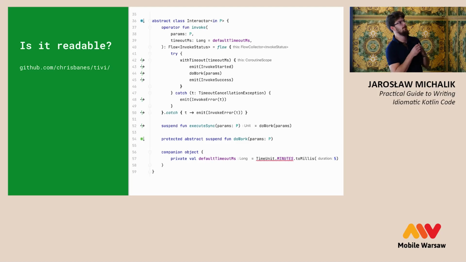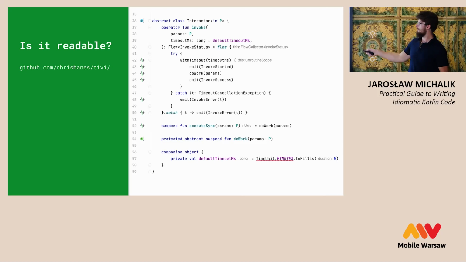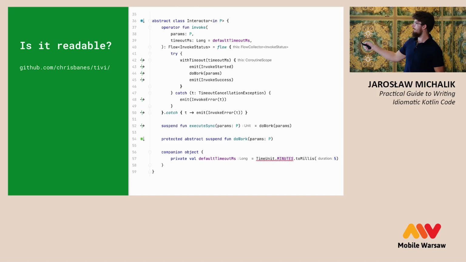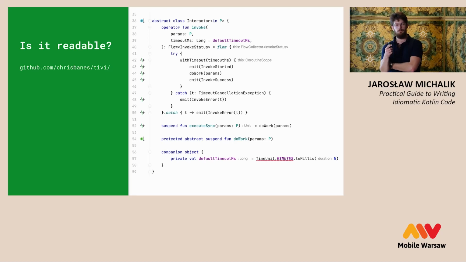Basically, he is integrating all the new libraries into this application just to showcase how we can use them. But this is a base use case or base interactor. So in your opinion, is this readable? Looking at this function, operator fun invoke, can you tell me what it is doing?